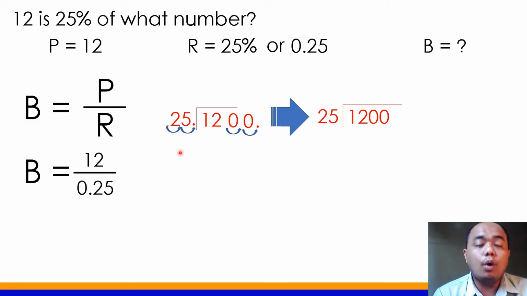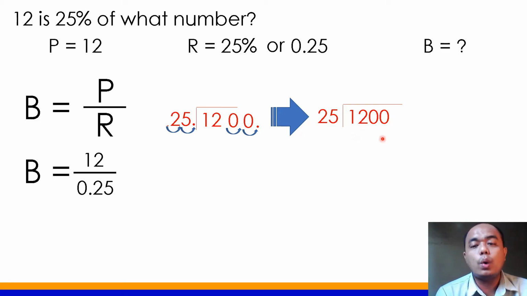At saka yung 0.25, magiging 25 na. Don't worry, class. Kahit ganito na ang ating number na i-divide, still, parehas lang ang resulta kung magdi-divide tayo ng original problem talaga natin na 12 divided by 0.25. Ginawa lang talaga nating whole number ito para maging madali sa atin sa pag-solve, no? Kasi we are using pen and paper sa pag-solve or pag-divide ng mga numbers na to.